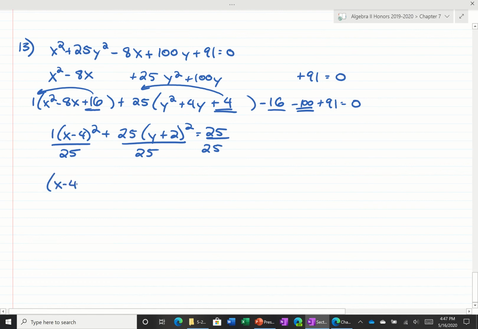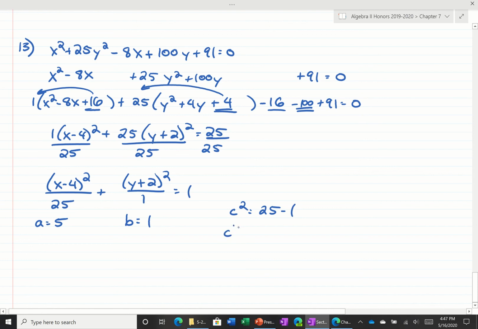And we get x minus 4 squared over 25 plus y plus 2 squared over 1 is equal to 1. A squared would be 25, so a would be 5, b would be 1, and c squared would be 25 minus 1. So c would be the square root of 24, 2 and 12, 2 and 6. So c would equal 2 root 6.